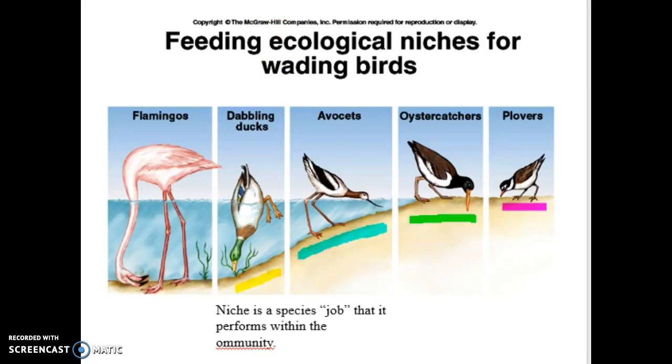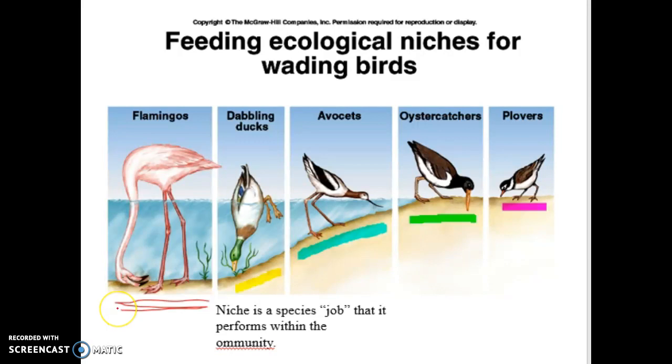And then the flamingos, these guys have to be in water that's about 24 to 36 inches. So they all live in the same community, but they all have a slightly different area that they feed. Their job is to feed in that specific area, and they're adapted to that. Look at the legs on these animals. Look at the way their bodies are evolved and the structure. Those guys all do well in those particular little niches.